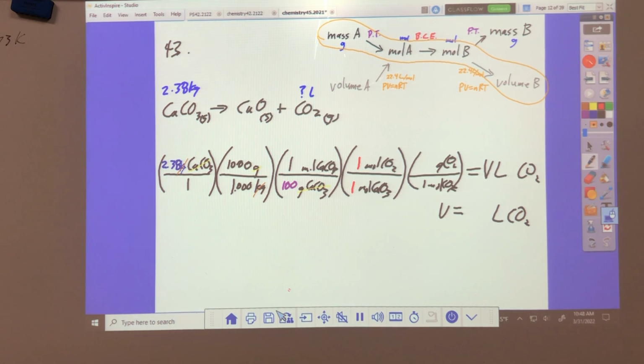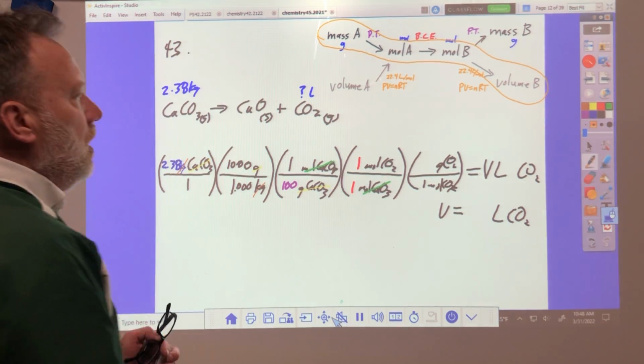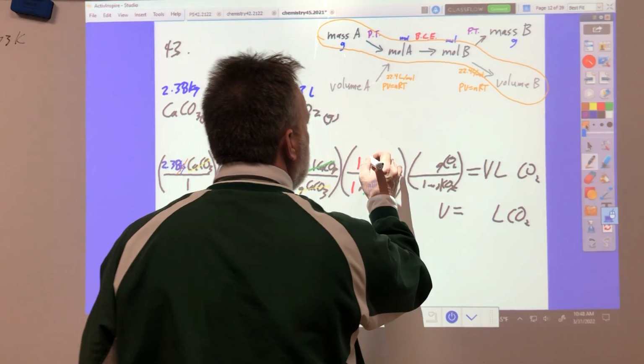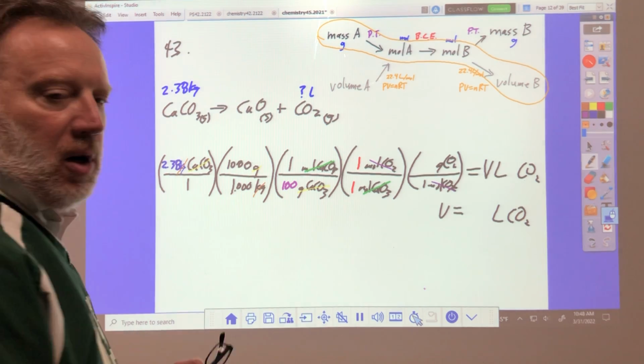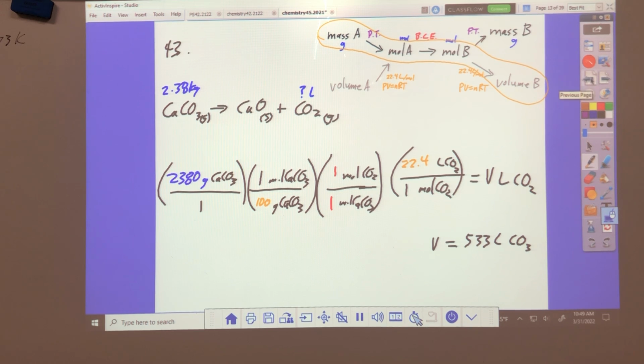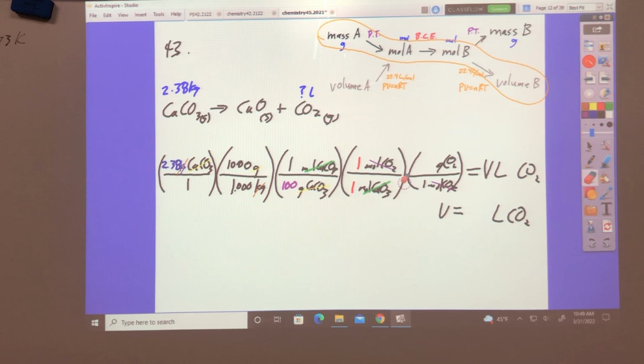So mole CaCO3 cancels. Okay, and then mole CO2 cancels. And from the periodic table, it's 40 or 44. Oh, no. No, I messed up. So I have to fix it.